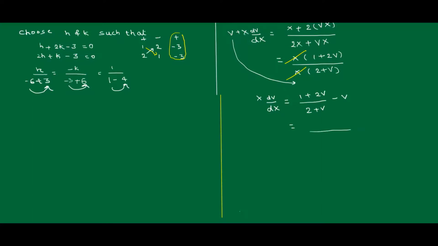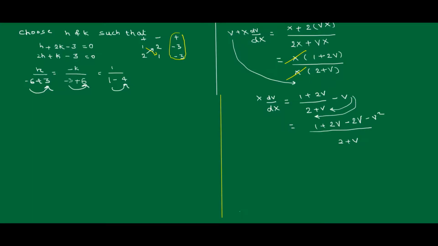So that is equal to, if you take LCM is 2 plus v, and by using cross product, numerator first term 1 plus 2v as it is minus. Here you have to multiply with this v into 2 is equal to minus v into 2 is minus 2v, minus v into plus v is minus v square. You have to multiply to both the terms.